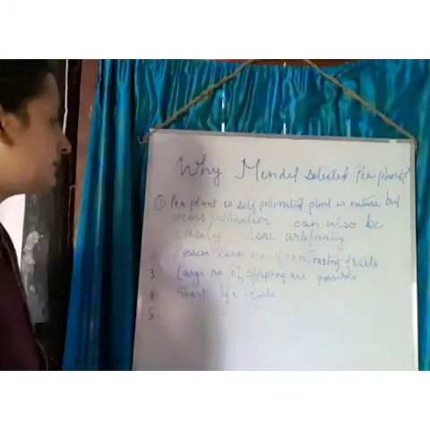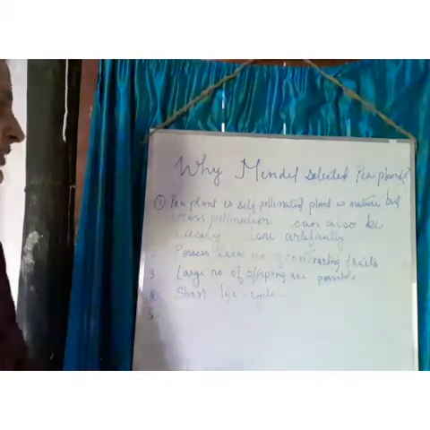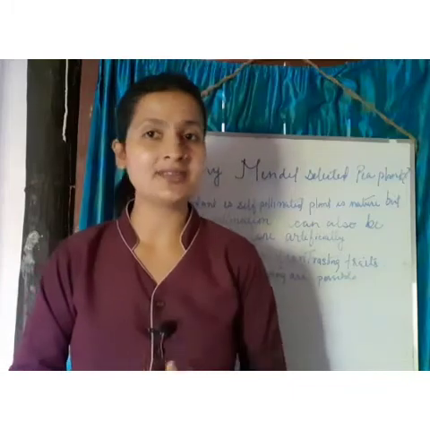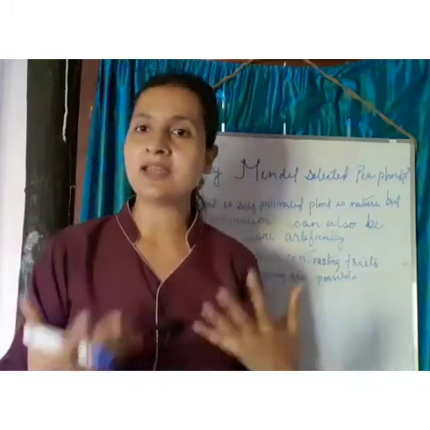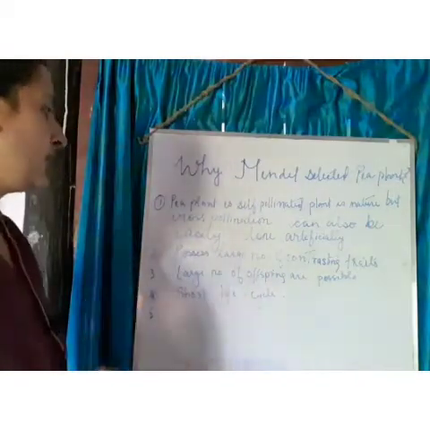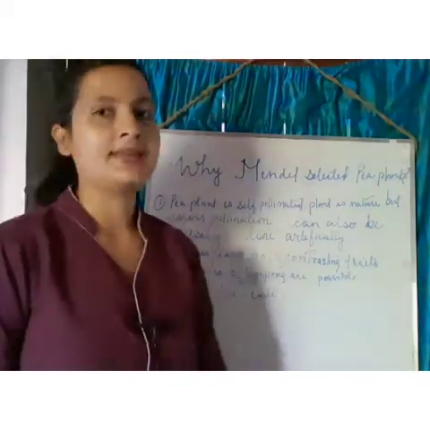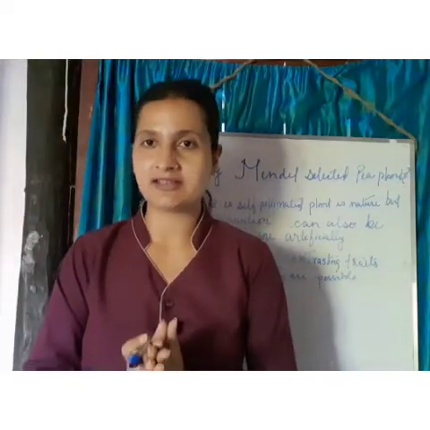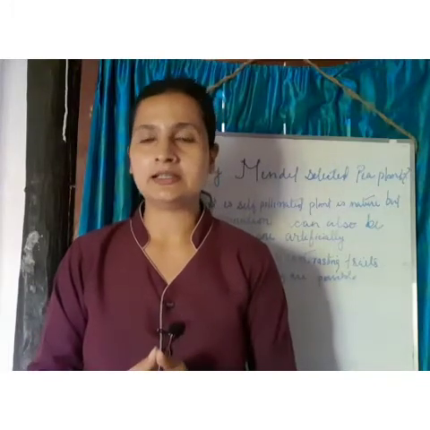Now, a large number of offspring are possible in one germination, so fertility is very good, hybrids are very fertile and they can produce many offspring, and most importantly, a short life cycle. So the pea plant has a very short life cycle, which makes it grow easily.